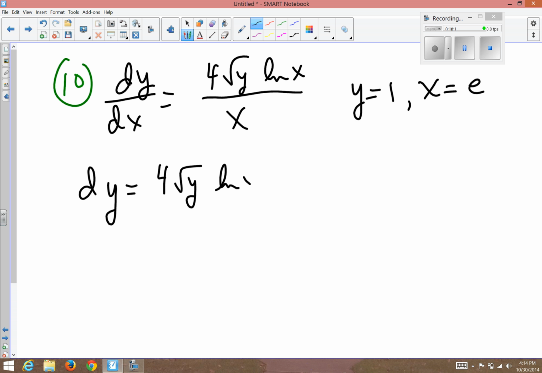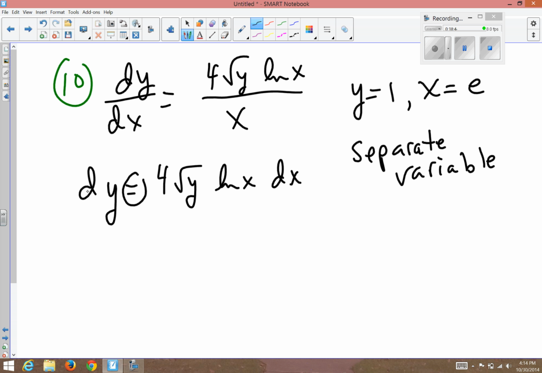We are not allowed to integrate both sides unless the variables are separated. We have to separate the variables. That means on one side of the equal sign, there has to be only y's.